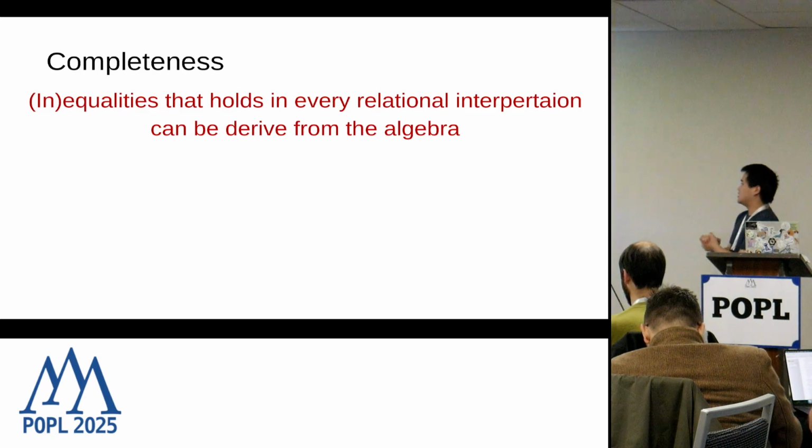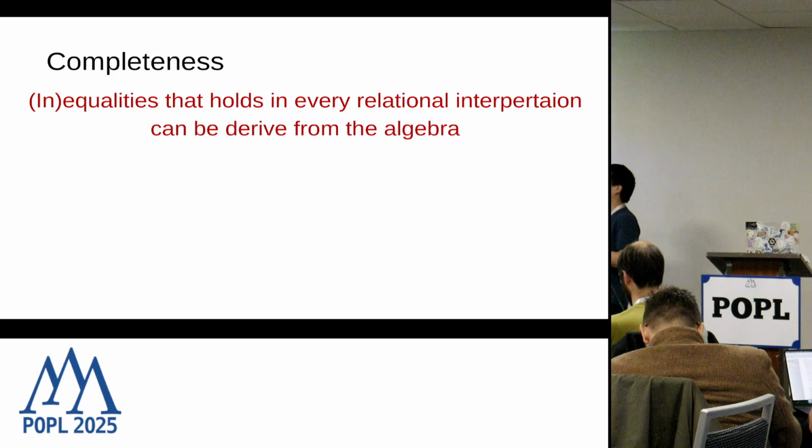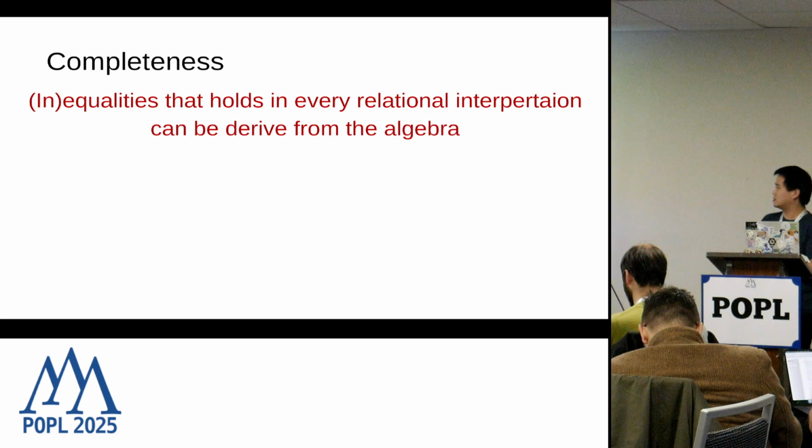Indeed, I think we later discovered that if we are doing things with all inequalities that hold in every relational interpretation, it's an overkill, right? We are only using the top element to extract domain and codomains.